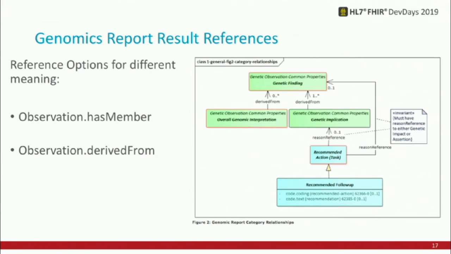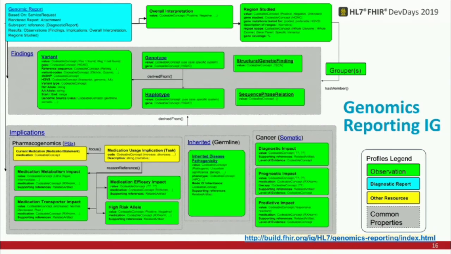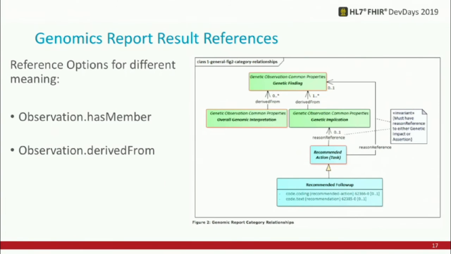And then the recommended action is either an actual finding itself or one of the implications. And of note here, we're using derived from for these observations, meaning that they're actually made based off of the other observations, as opposed to has member, which is the relation between the grouper, which just consumes them as a group of observations.